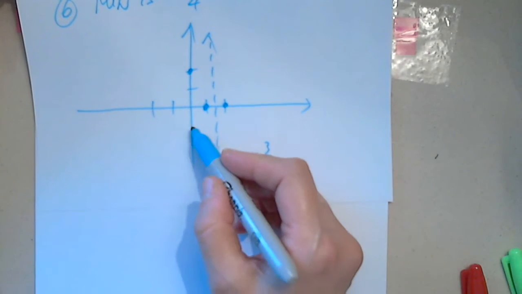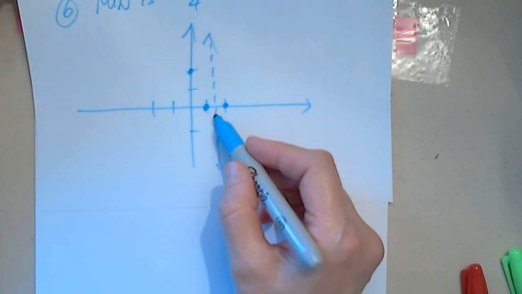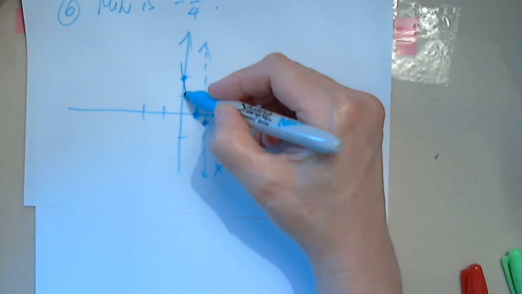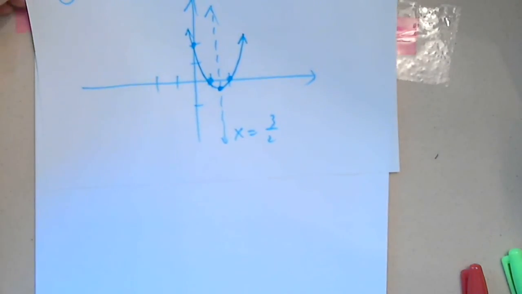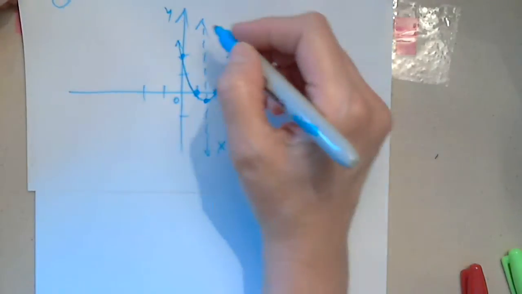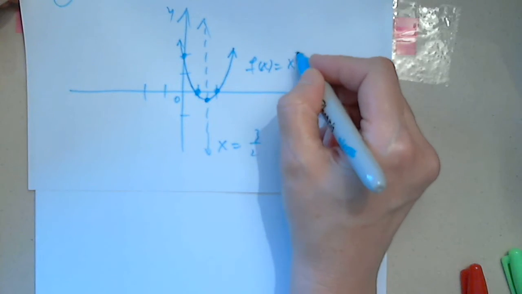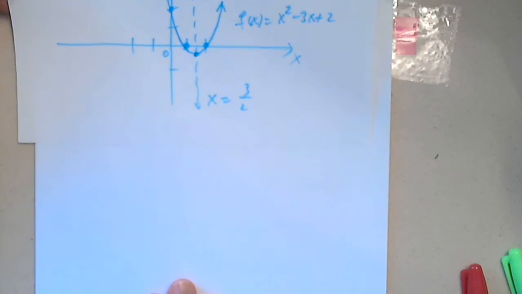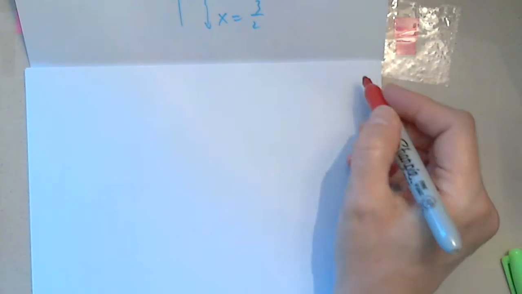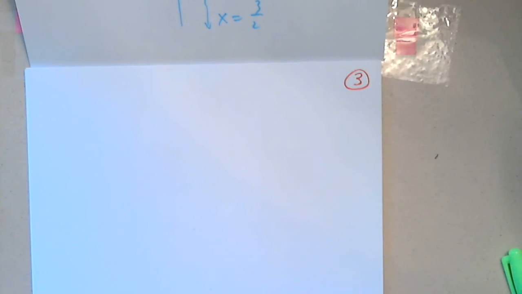And the vertex is at negative 0.25. So that's the function f of x, x squared minus 3x plus 2. Any questions on this? Please go back and redo the problems we did in class so you're very confident. You don't have to go back and forth to anything.